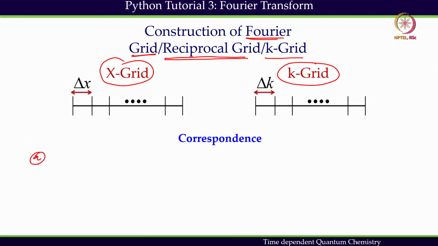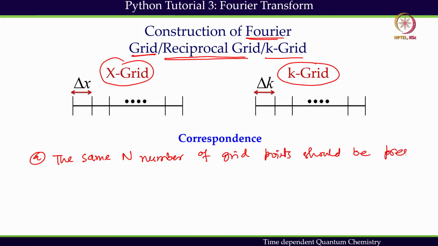The first correspondence is that the same number of grid points should be present in both x and K representations.